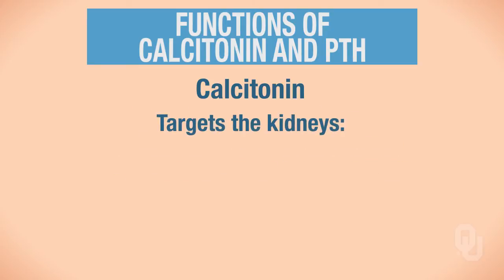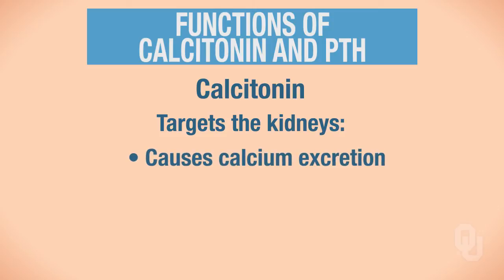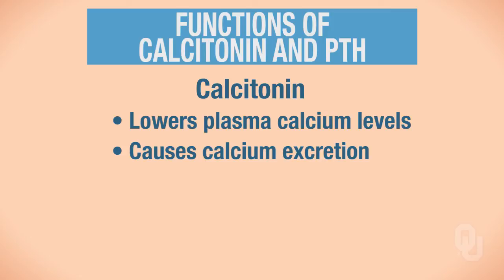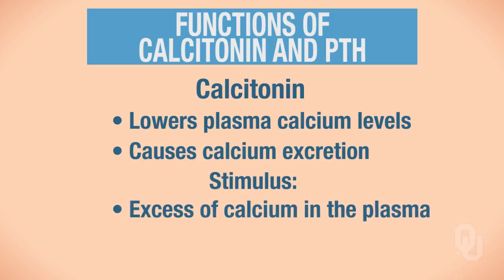When calcitonin targets the kidneys, it causes calcium excretion. So why would we want calcitonin to be synthesized and secreted from the thyroid gland? If it's lowering your plasma calcium levels and it's causing calcium excretion, the stimulus for calcitonin release must be an excess of calcium in the plasma. We'll return to that shortly.